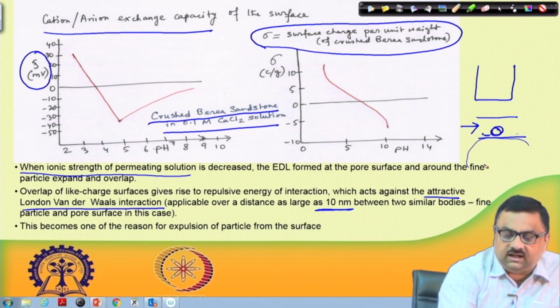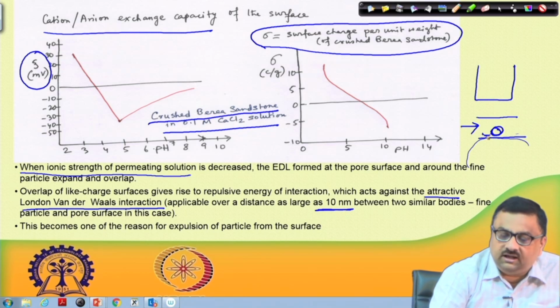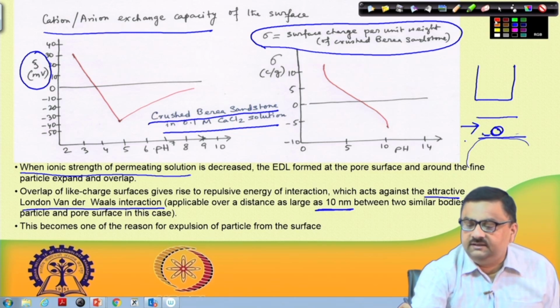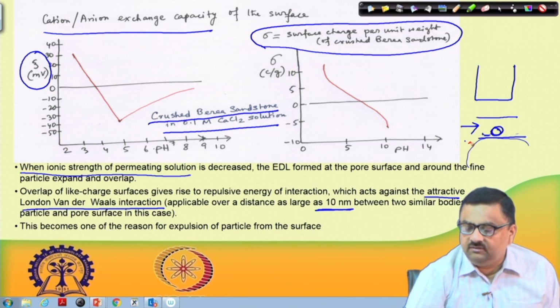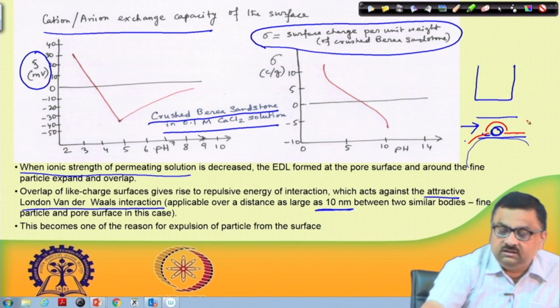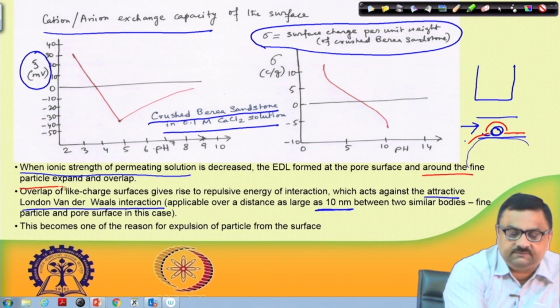Now, when the ionic strength of the permeating solution, that means the solution that is flowing, is decreased, an EDL forms at the pore surface, of a certain charge, and then there is another EDL developing around this fine particle as well. These EDLs expand and overlap.